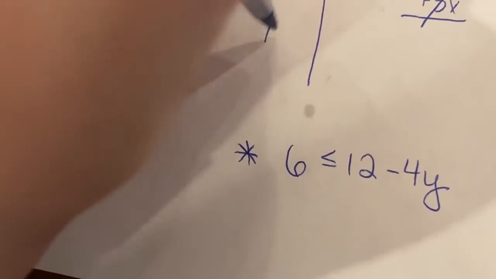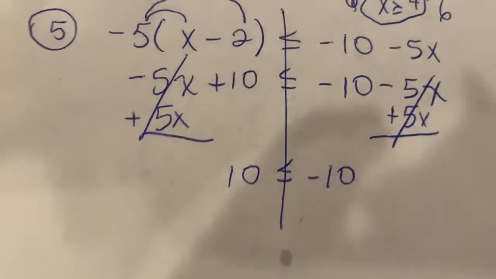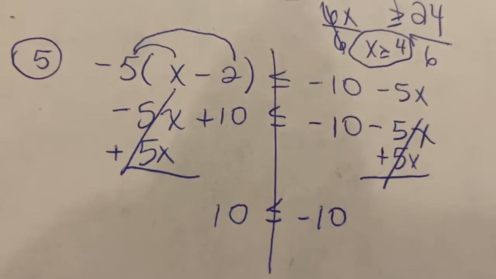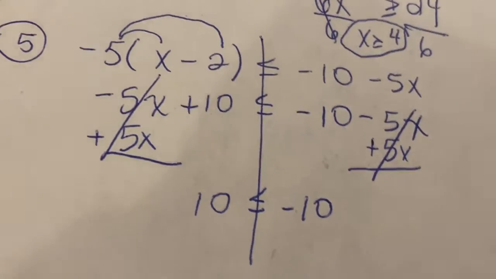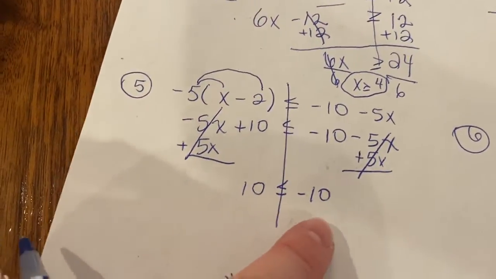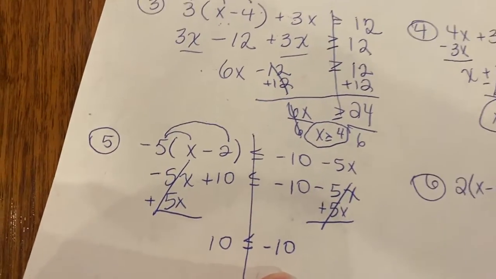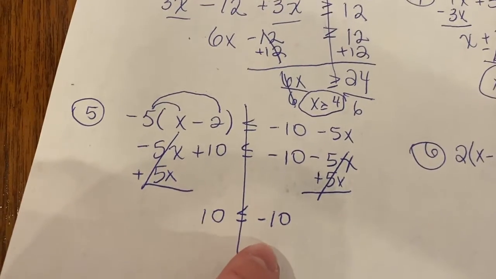This time I've got left 10 is less than or equal to negative 10. Now, is that true? Is 10, positive 10, less than or equal to negative 10? No, it is not. It is not less than, it is not equal to negative 10.